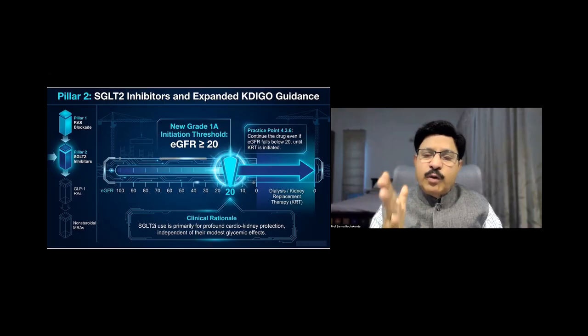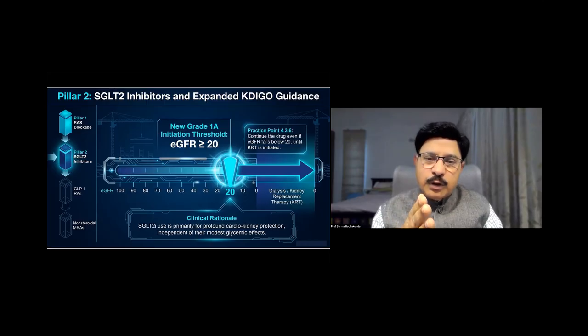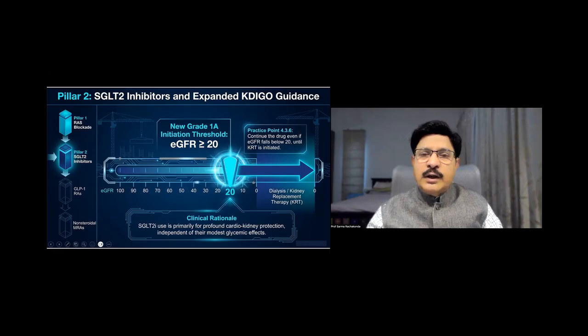No. If you want cardiac protection, you must start the SGLT inhibitors very soon, as soon as you detect eGFR falling, even when the eGFR is 20 or more. Don't wait for the eGFR to fall below 20.